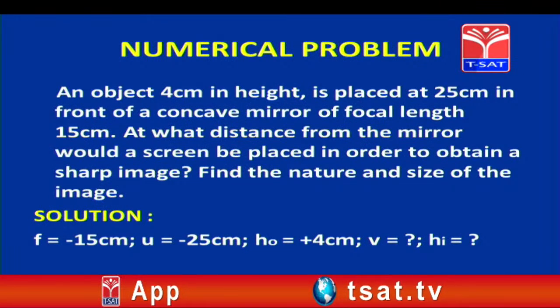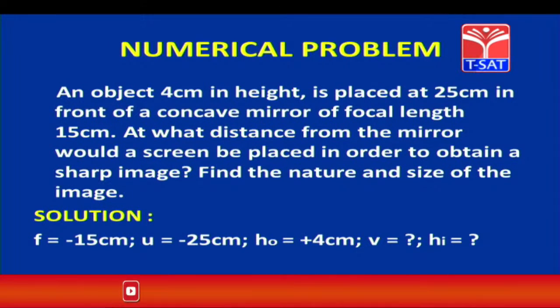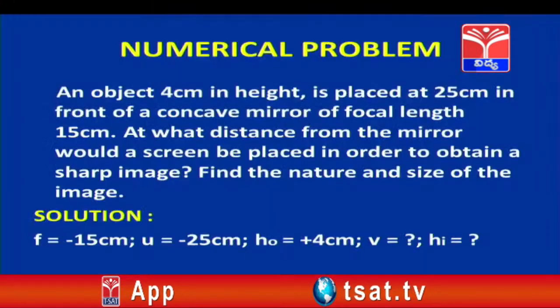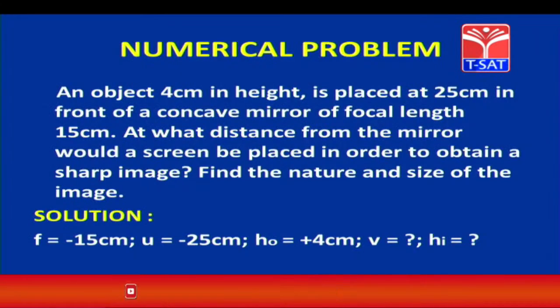We have to make use of two formulae here, the mirror formula as well as the magnification formula. We have to find the image distance V and height of the image HI.